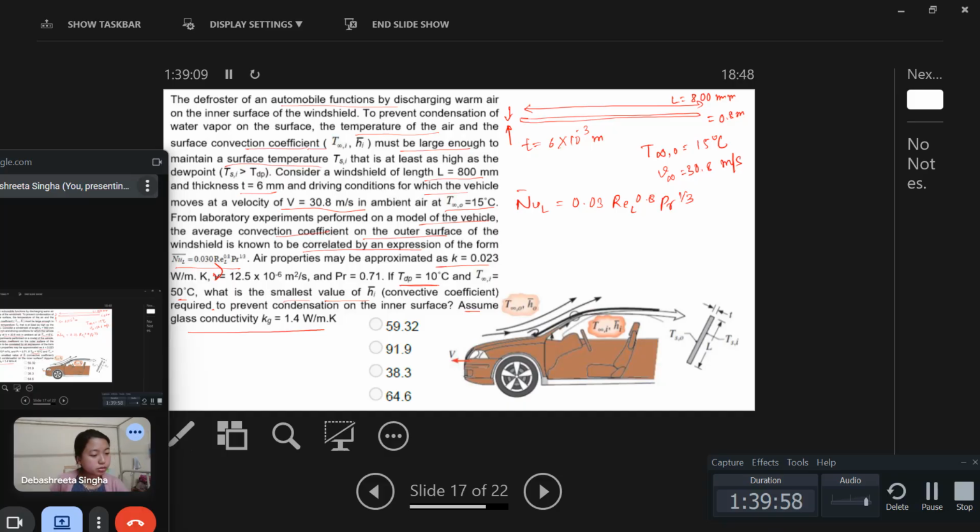Now, here the whole thing can be summarized. Since the inside and outside coefficients and the conductivity of the glass are all given, you can summarize it as the resistance circuit diagram which we have drawn in conduction heat transfer. So you can simplify it like this. How many resistances are there?